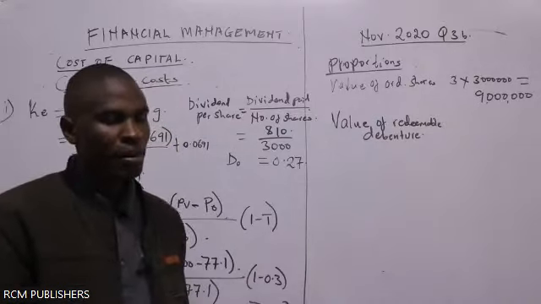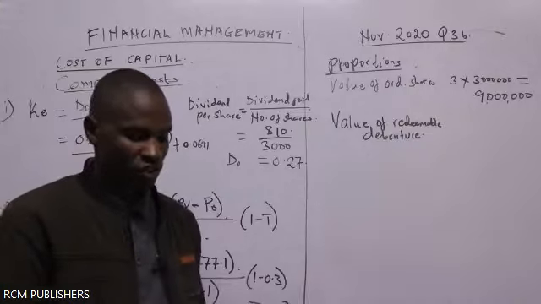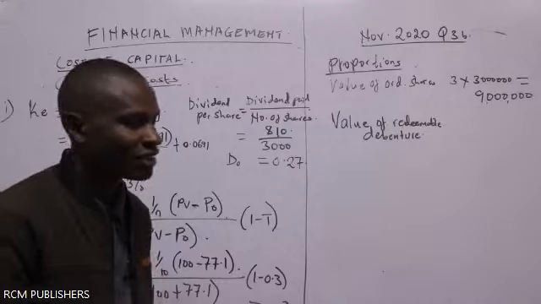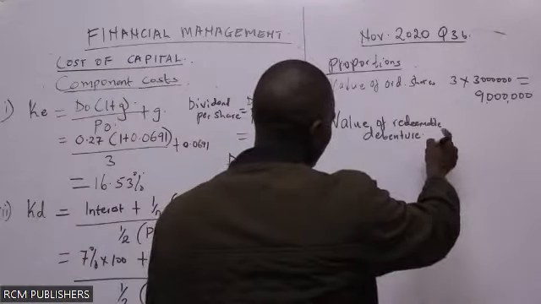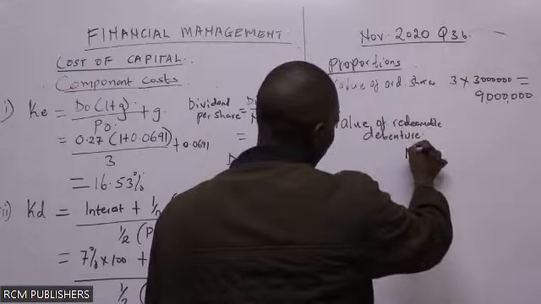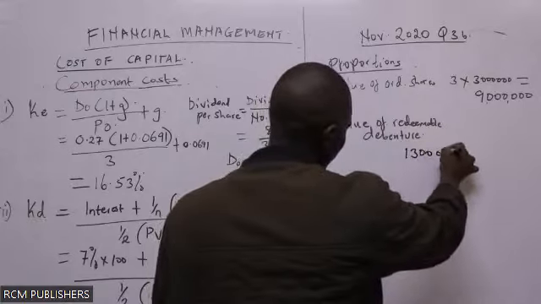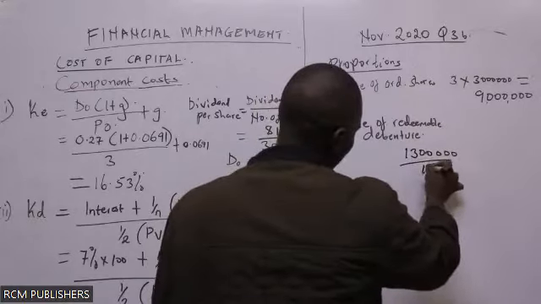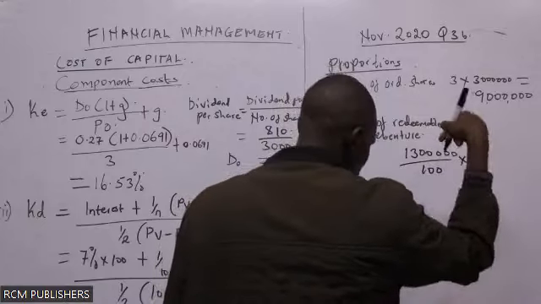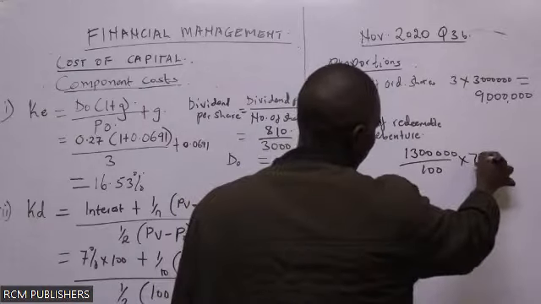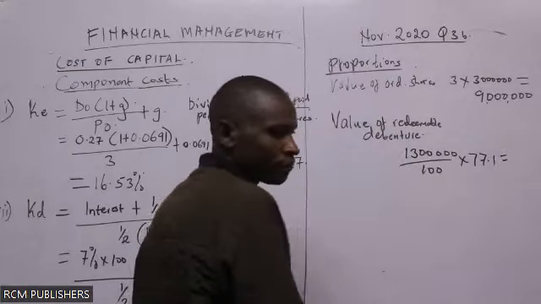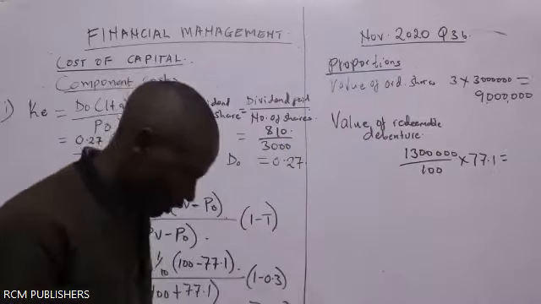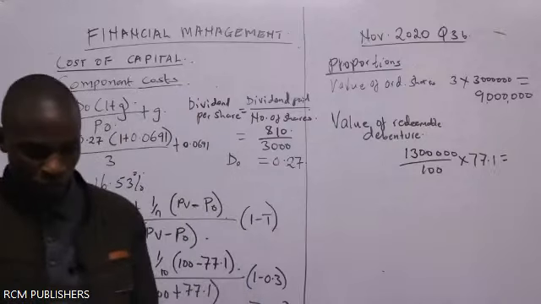And then the par value has changed, and we also have the market value of 77.1. Therefore, our value will be whatever we had, divided by the par value, multiplied by the current market price of 77.1. What am I going to get?